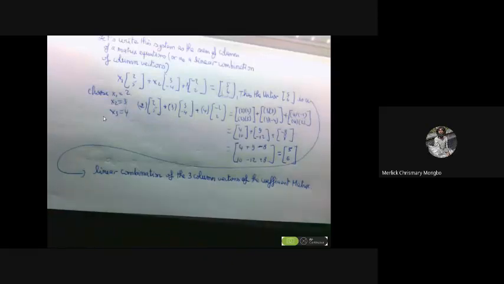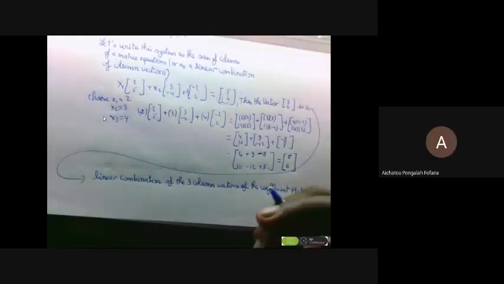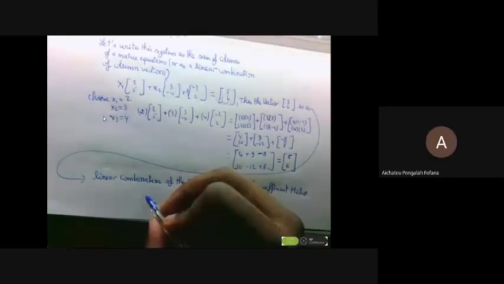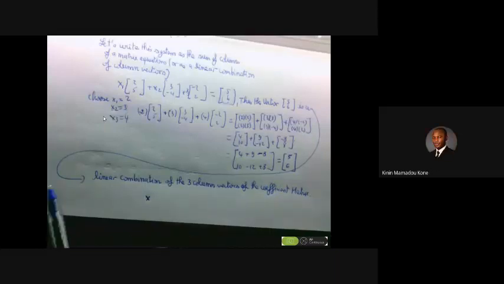Your question is, I guessed x1, x2, and x3, so does it mean we can give any value to x1, x2, and x3, and that we always have to guess them? Okay, it's not always.